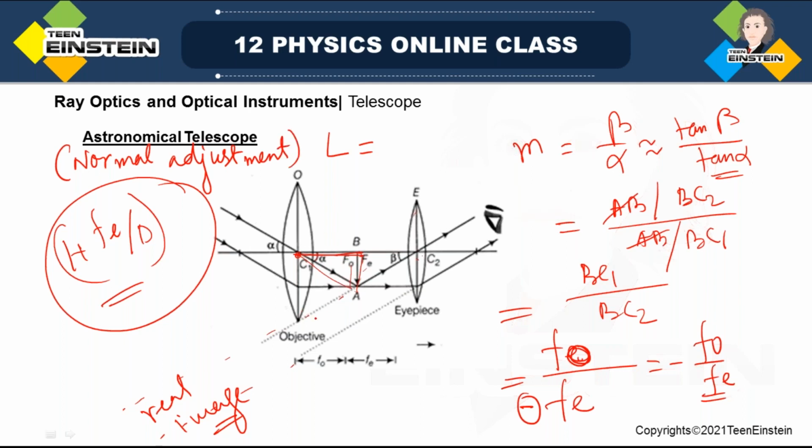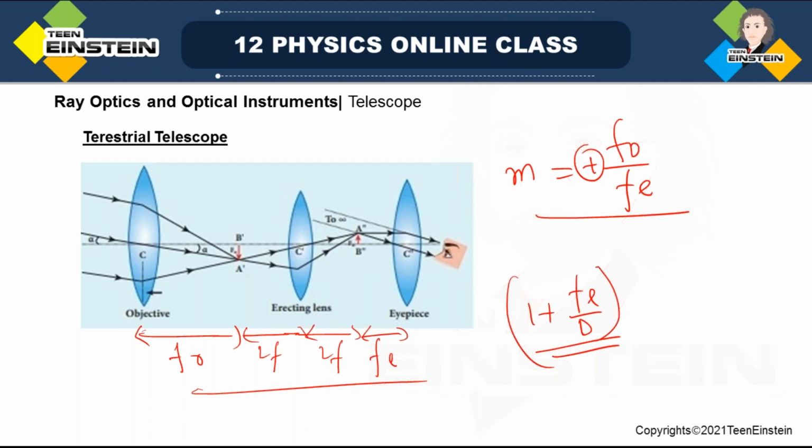So in this case the length of the tube will be f objective plus fe. But in this case, for normal adjustment, you will have a telescope with length fo plus fe plus 2f to 4f. Okay, this is 4f. So the tube length of the terrestrial telescope will be larger than the astronomical telescope.